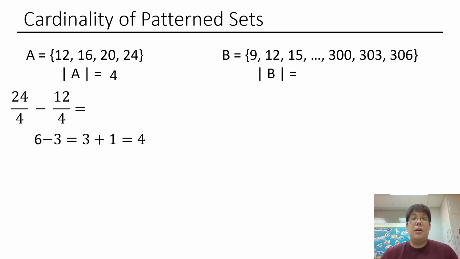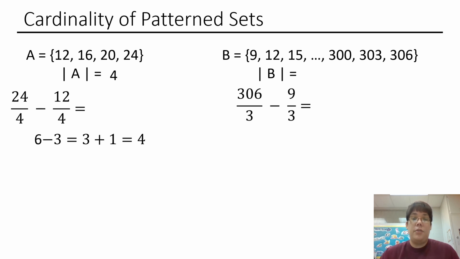Great. Now let's look at a more complicated set. We have 9, 12, 15, ... then 300, 303, and 306. So you can probably see that these are all of the multiples of 3 from 9 all the way to 306. So let's hope that our little pattern here works because that's a lot of numbers to write down and try to figure out.